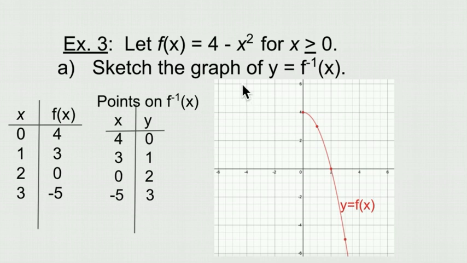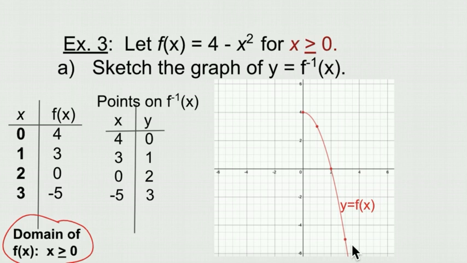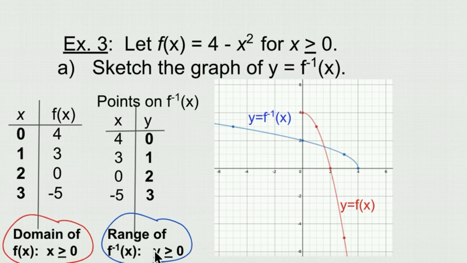So graphing f of x equals 4 minus x squared with the restricted domain results in this graph. And the domain of this function is x is greater than or equal to 0. Notice that that's now the range of the inverse function. So I can only get y coordinates that are 0 or higher.